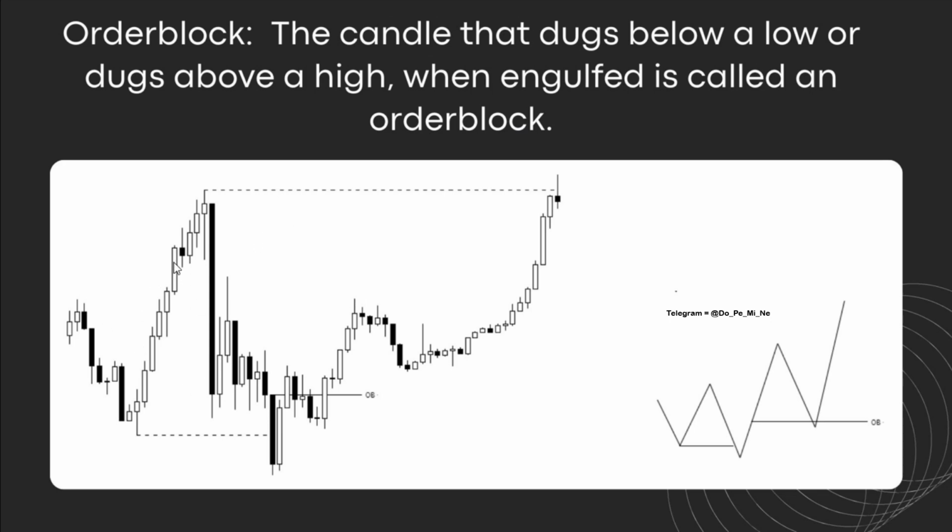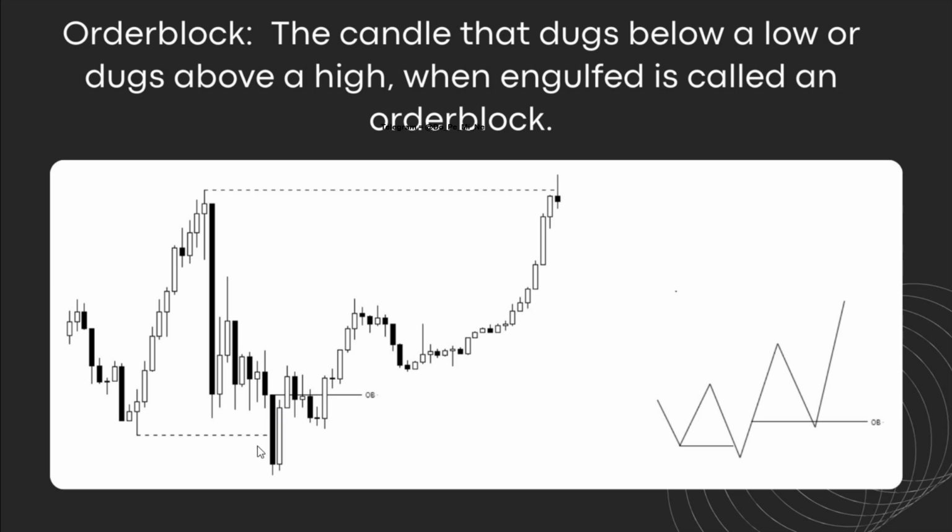Now in this picture, you can see we've got this low right here, and what happened is that price came down here to turtle soup this low and take out that low. For an order block to be considered valid, it must have a turtle soup and must be formed after a turtle soup. If there is no turtle soup, the order block won't be considered correct, right?